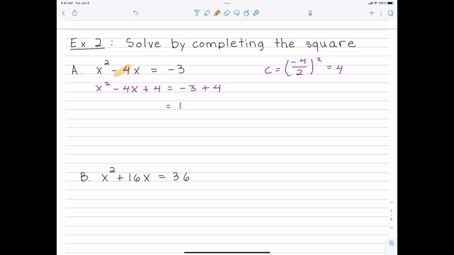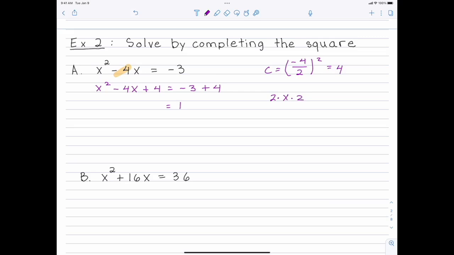So reminder, how do we determine something's a perfect square? We look at the first term and ask ourselves, is this a perfect square? Yes, because x times x equals x squared. Is this term a perfect square? Yes, it is, because 2 times 2 equals positive 4. The next thing we do, and this is the hard part for you guys, is take 2 times the square root of the first, which is x, times the square root of the second, which is 2.